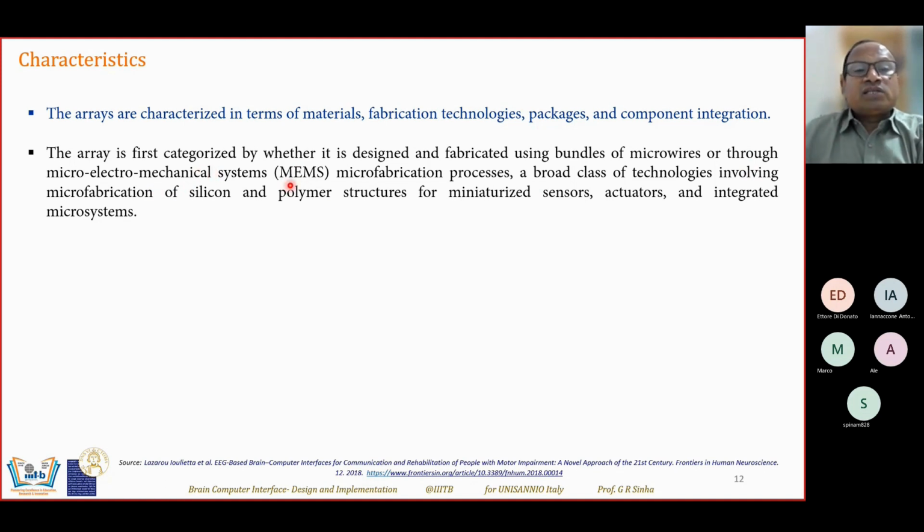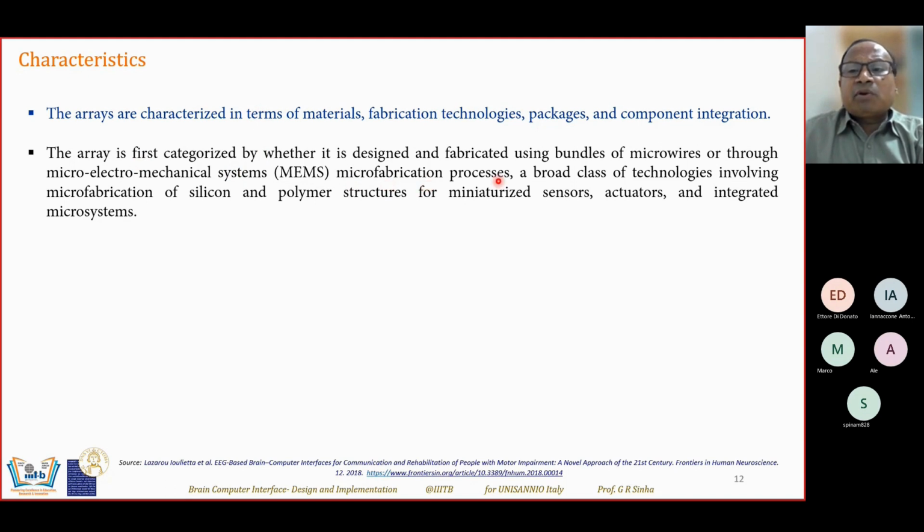Those sensors are actually in the form of MEMS technology, microelectromechanical systems. Otherwise, how could more than 20 to 25 sensors be fabricated into a small device called your smartphone? So these are the technologies, and accordingly, the arrays are of different types.